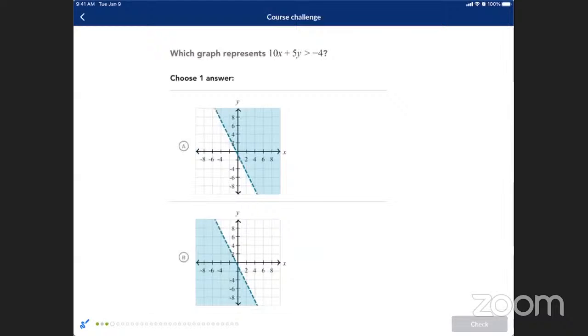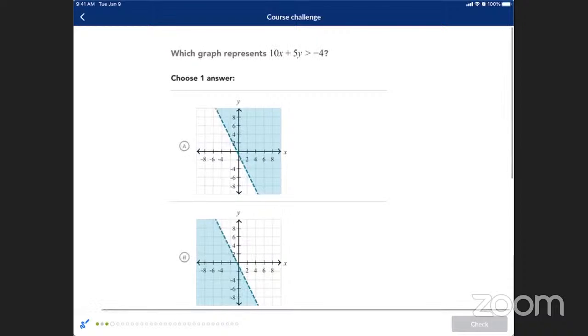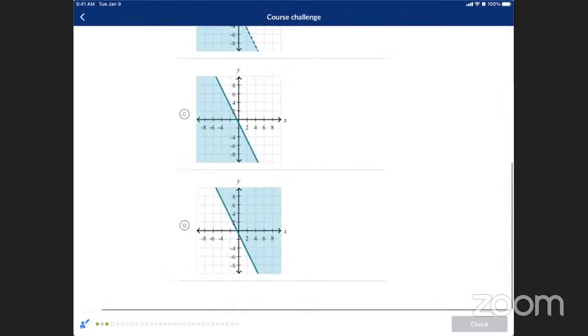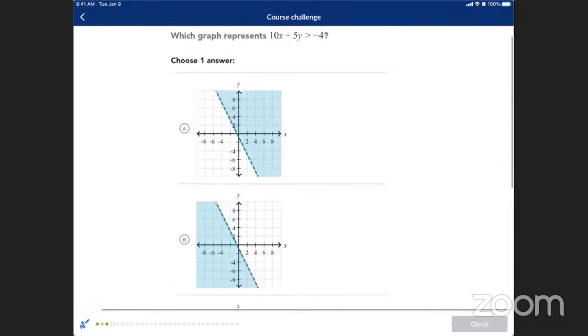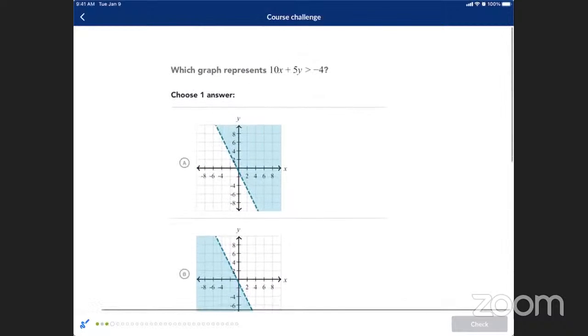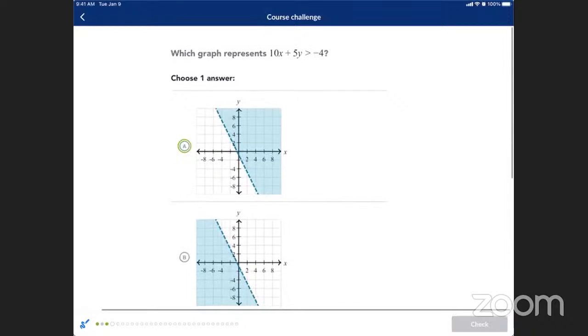It says, which graph represents 2x plus 5y is greater than negative 4? I said 2x, I meant 10x. 10x plus 5y is greater than negative 4. And then you have here, which graph would actually help us? Well, both of these lines are going through the origin somewhat closely.